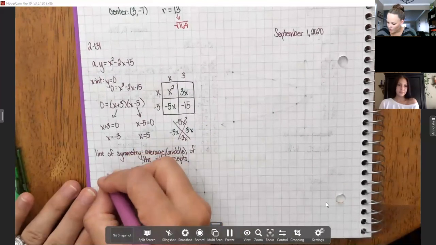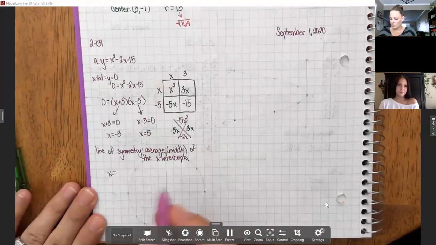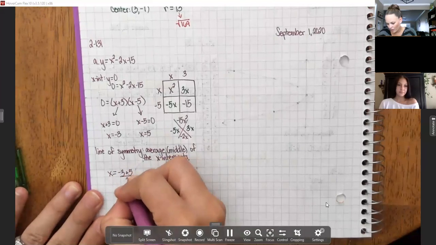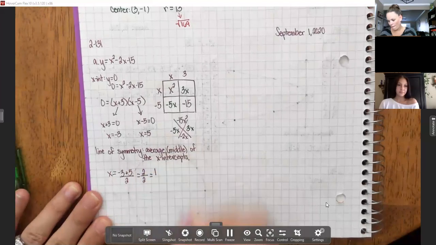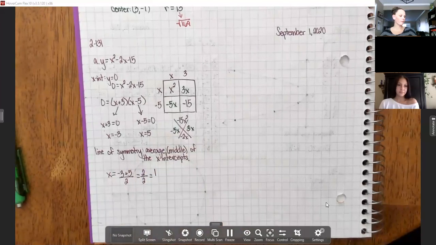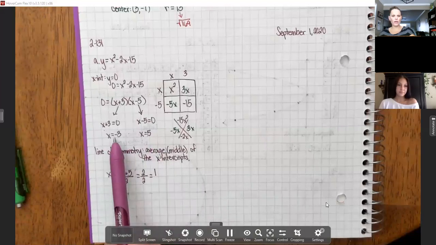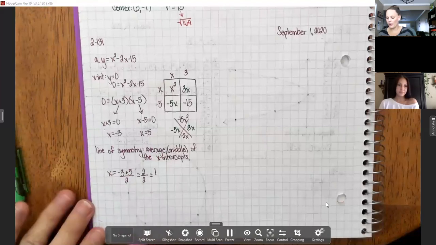So to get our line of symmetry, it's always x equals. We add these and divide by 2. We average them to find the middle. And you might be able to look at these and know that in the middle of negative 3 and 5 is 1. But that's going to be where your line of symmetry is.